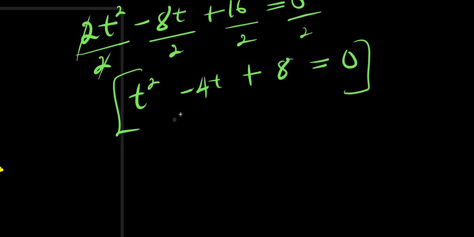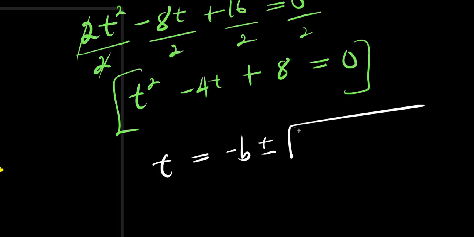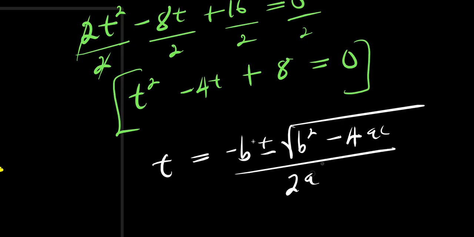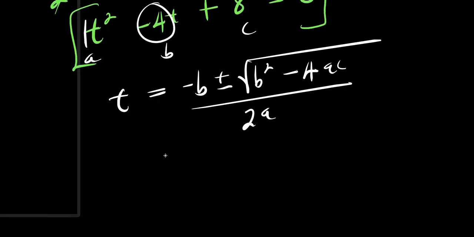So we are going to write the formula in respect to t, which is t equals negative b plus or minus square root of b squared minus 4 times ac, divided by 2 times a. Now the coefficient of t squared is 1, that is our a, negative 4 is our b, and c is 8. So let's insert it right here.